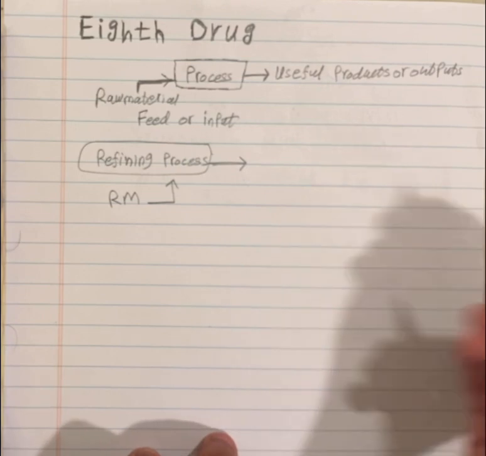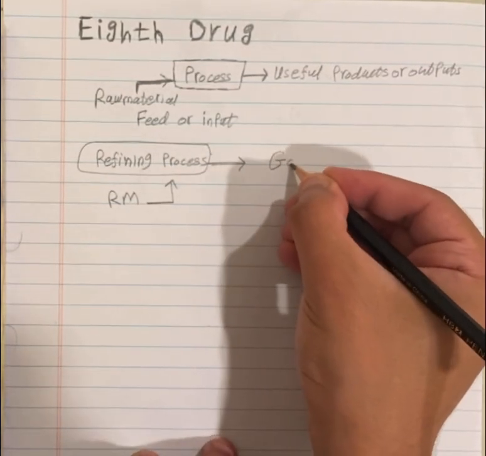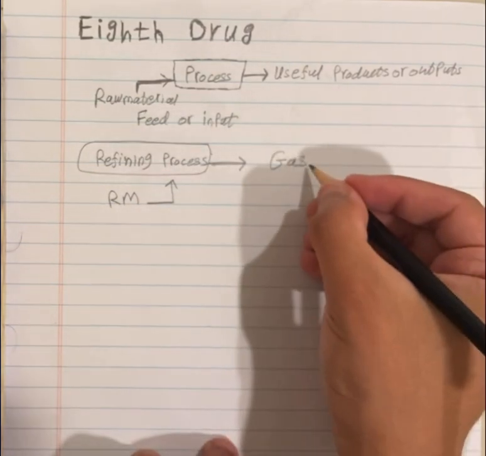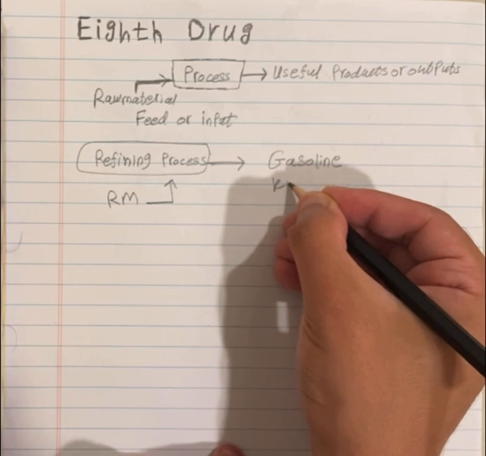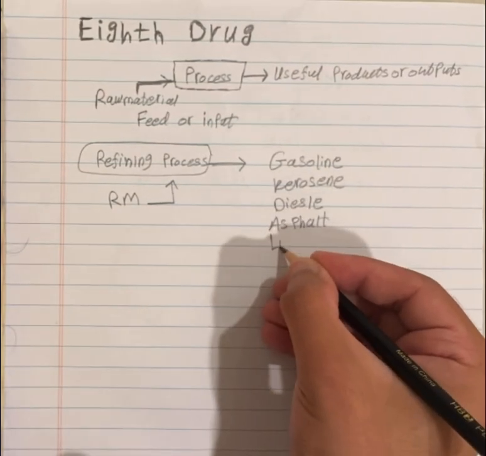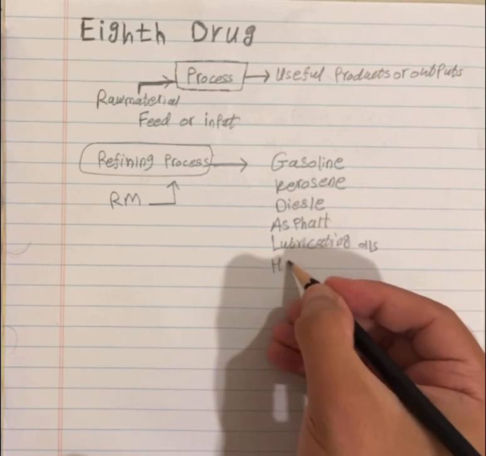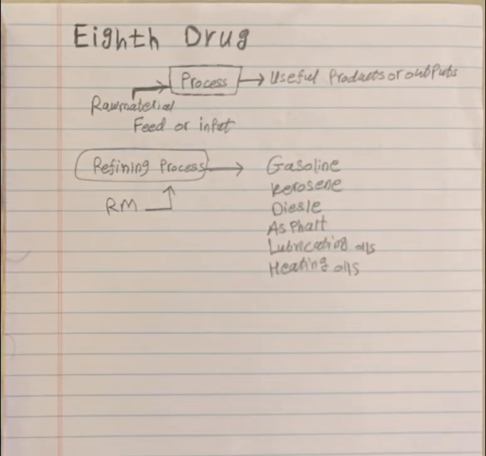You might say I'm exaggerating, but the products that come from refining include, most of them you know, of course, or probably you know: gasoline, kerosene, diesel, asphalt, lubricating oil, and heating oil. Gasoline is important for car, as you know, transportation.